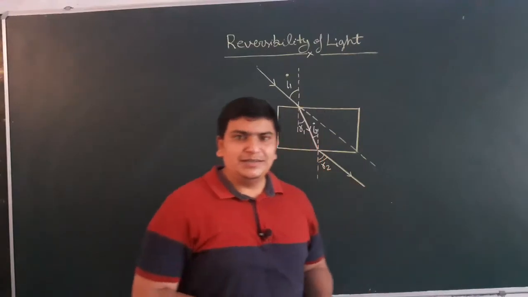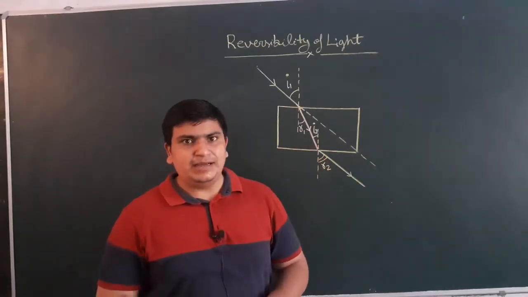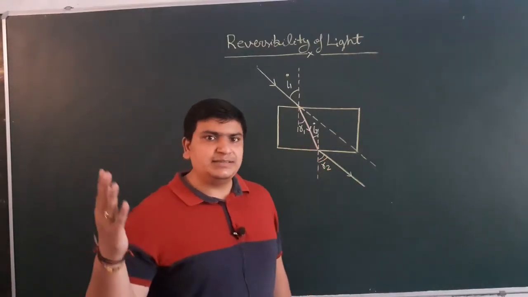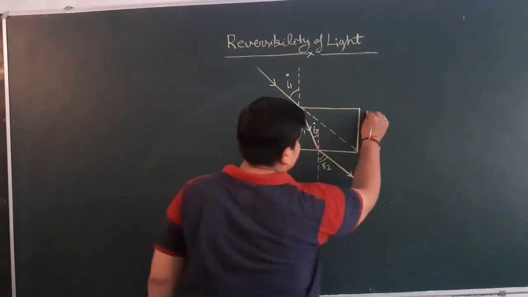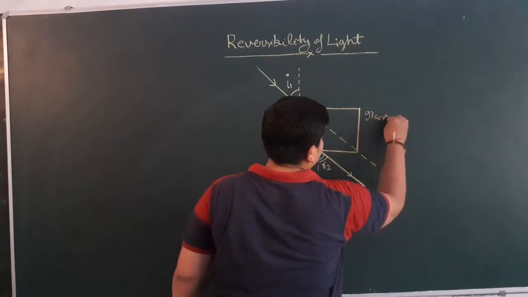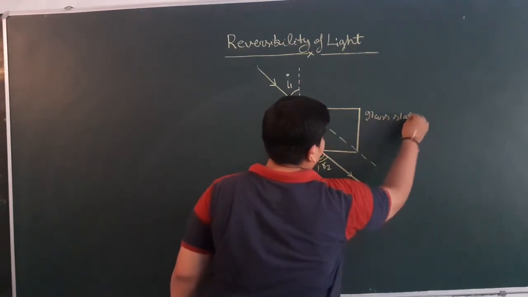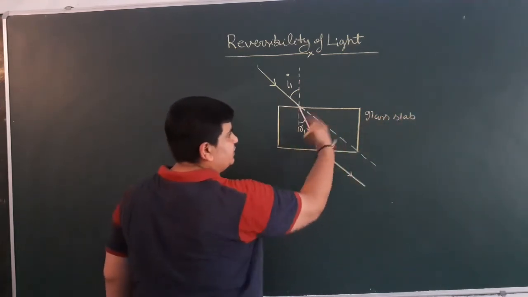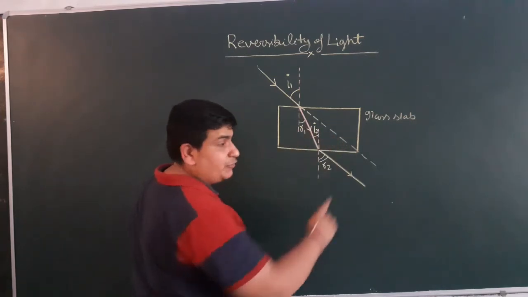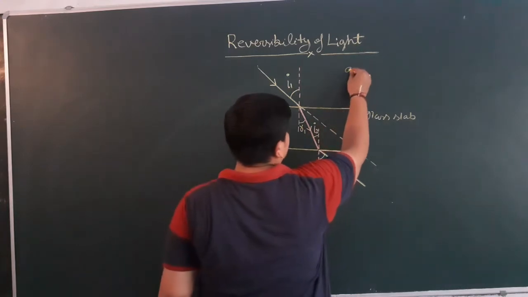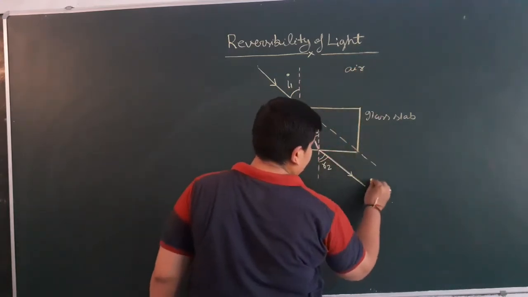Now we will discuss the principle of reversibility related to this particular experiment. Okay students, as you just saw in the demonstration, that same demonstration we are now going to discuss in the theoretical part. Here we have taken a glass slab, which has a different medium. Of course, there is glass, so there will be a different refractive index for this medium, and here is air and here is also air.